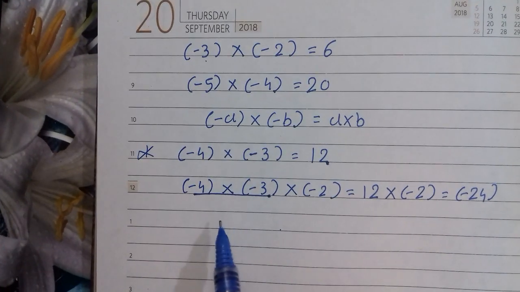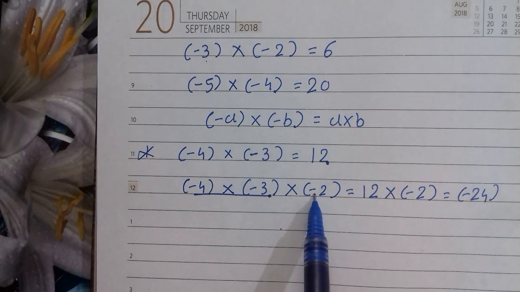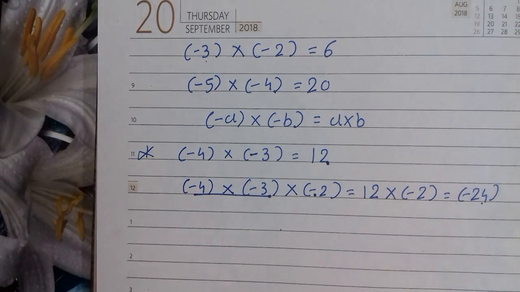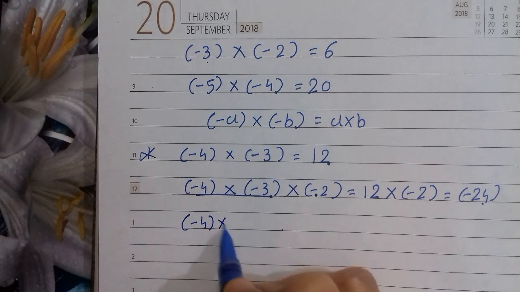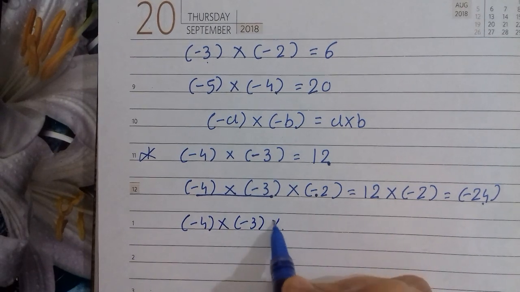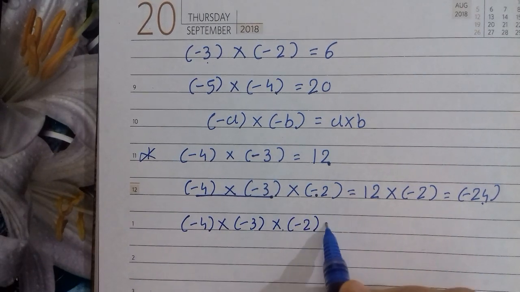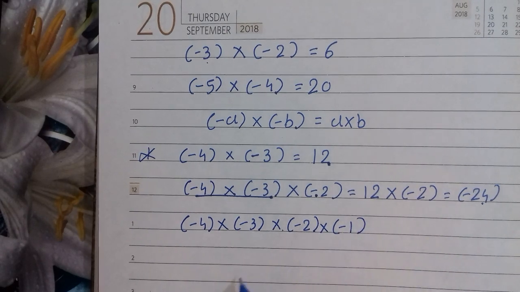So we can say that the product of three negative integers is a negative integer. Minus 4 multiplied by minus 3 multiplied by minus 2 multiplied by minus 1.